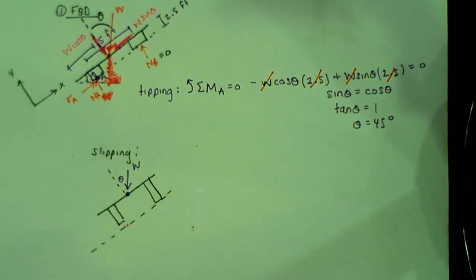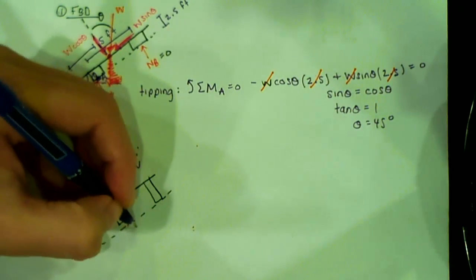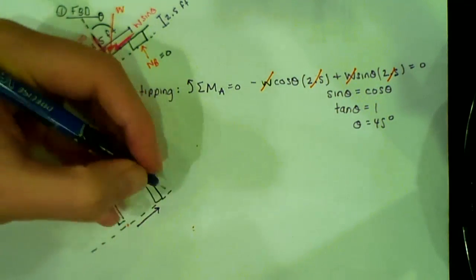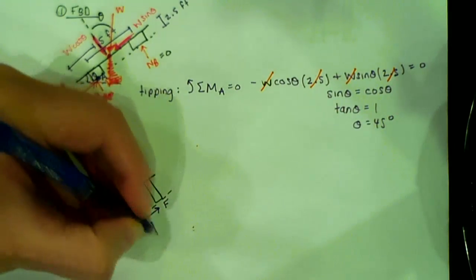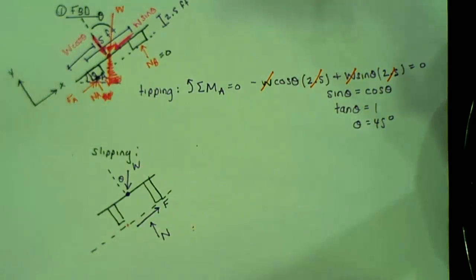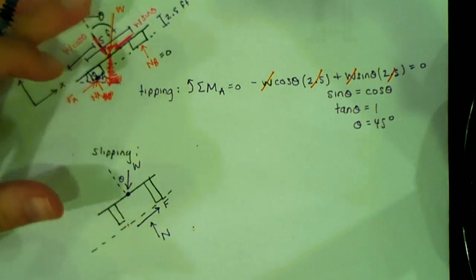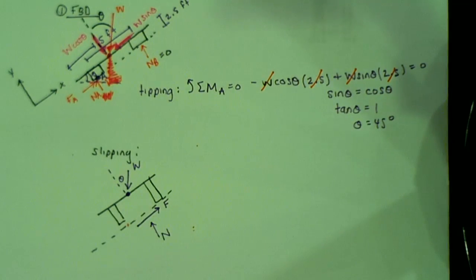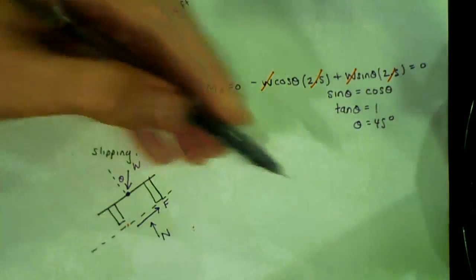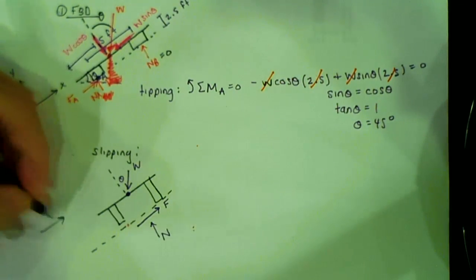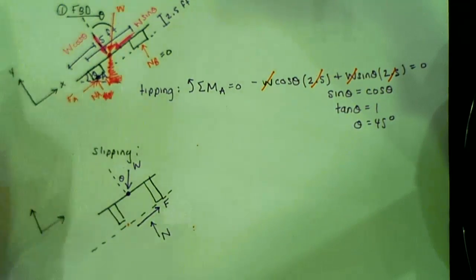For slipping, what we do is we apply just one total frictional force and one normal. I know a lot of you haven't seen this before, so I wouldn't worry too much about it if your professors didn't teach it. Again, these are my axes.